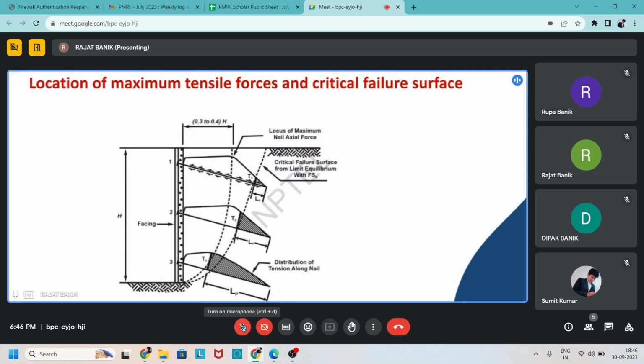So, if you join every point at every depth where the axial force is maximum, then we can get the critical failure surface. During construction, in every construction, we maintain some factor of safety to minimize the failure possibility of the ground.